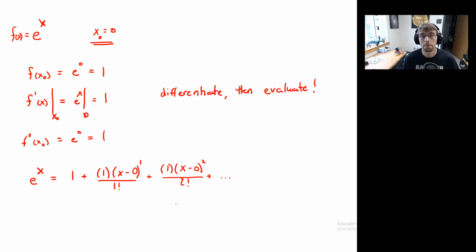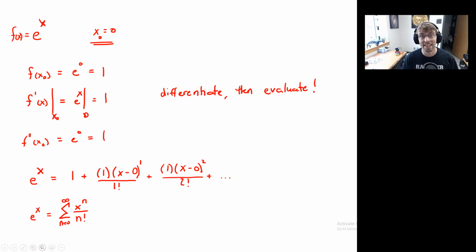And if you can get the pattern, then you're good. So e to the x, you can see the pattern. Again, it is just simply x to the nth power divided by n factorial. And we can do this from n equals 0 to infinity.